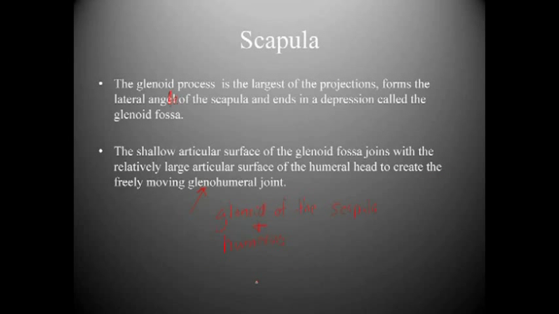If we continue looking at this flat bone, we see that the glenoid process is the largest of all of the projections, and it forms the lateral angle of the scapula and ends in a depression called the glenoid fossa. The glenoid process is something like this, and it creates this depression.